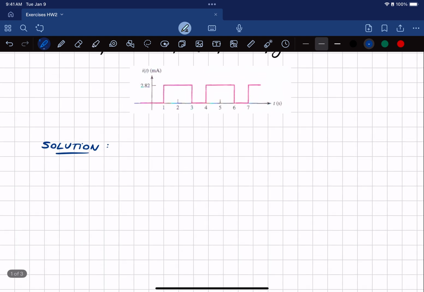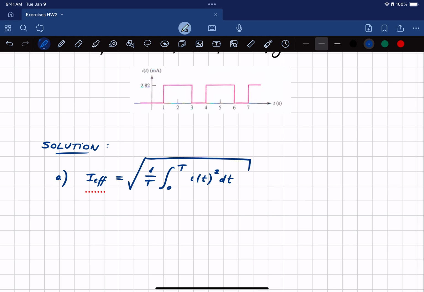So the effective value, or for practical purposes the RMS value, is defined as 1 over the period, integral over the period of the signal, which in this case is a current, squared, dt, and everything under square root.